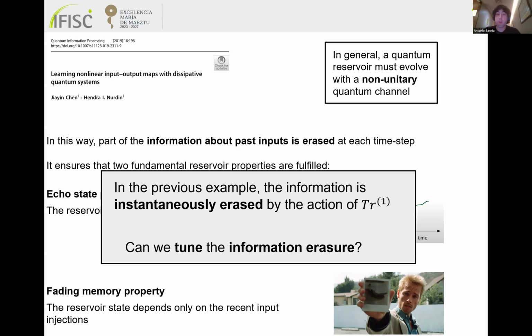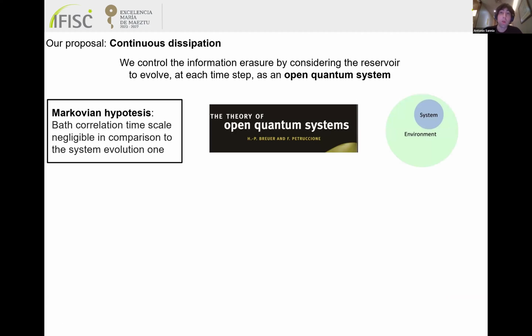And in this work, what we did is to consider a continuous way of controlling this information ratio. And for doing that, we introduced the physics of open quantum systems. So we worked under the Markovian hypothesis.